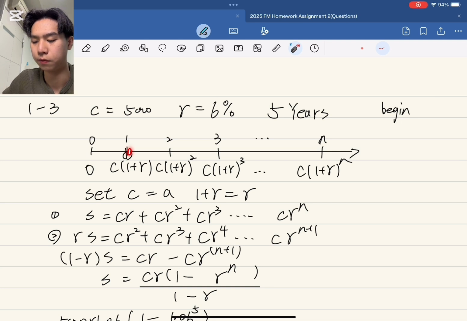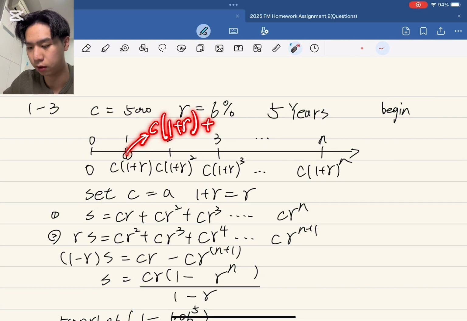And let's say we receive the second 5,000. So at that time, after 1 year, we have the first year's cash flow and the second year's cash flow.